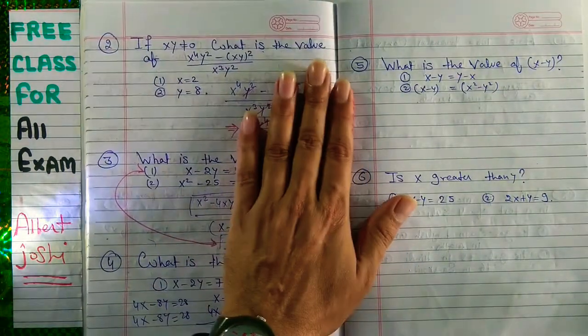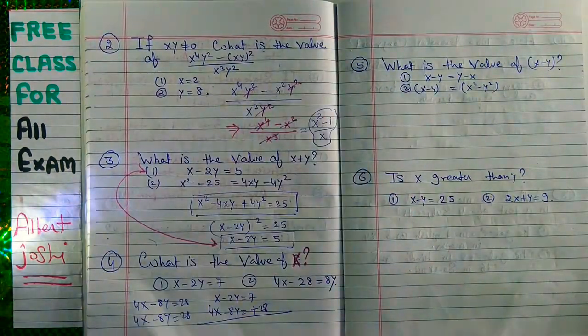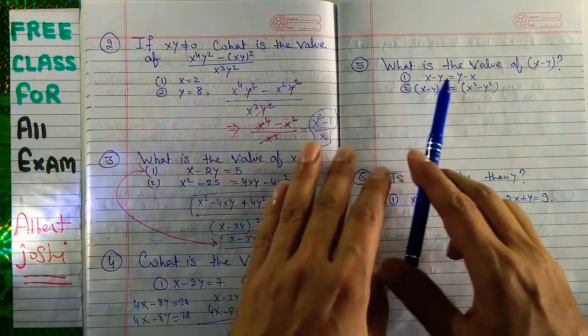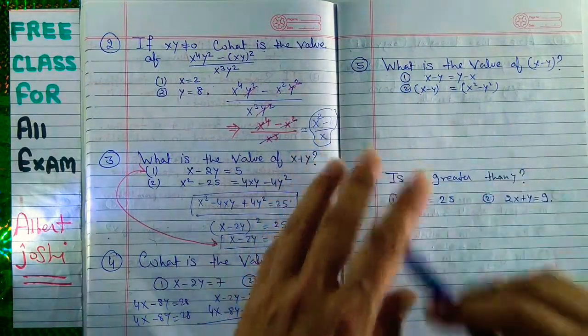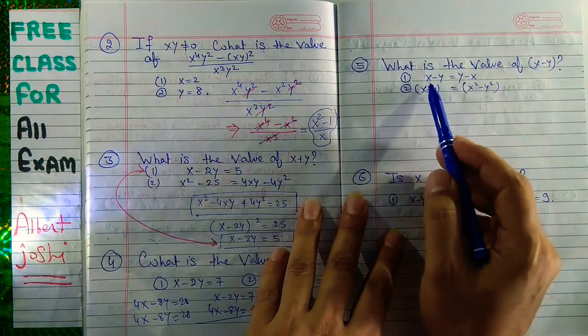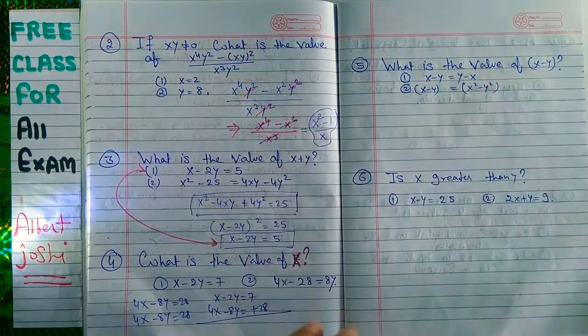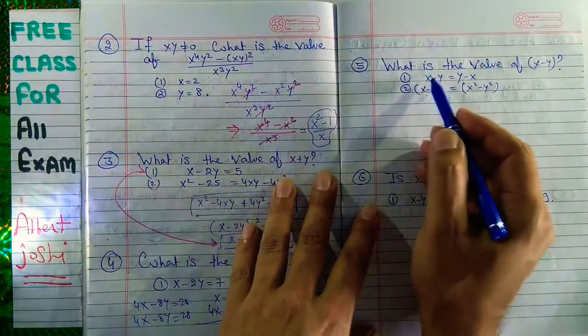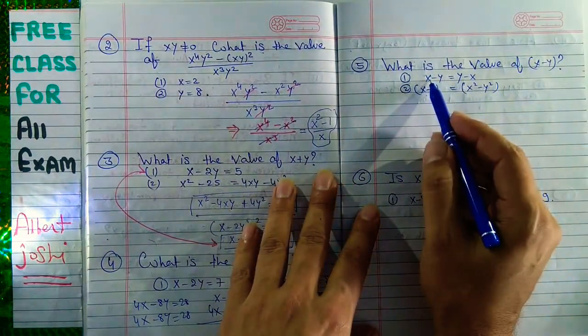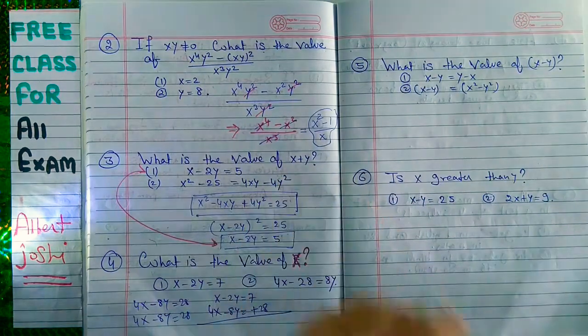Now the next question. In the next question he is asking what is the value of x minus y, and he has given us x minus y is equal to y minus x, and x minus y is equal to x square minus y square. Let us try to solve it. So x minus y is equal to y minus x, no problem.